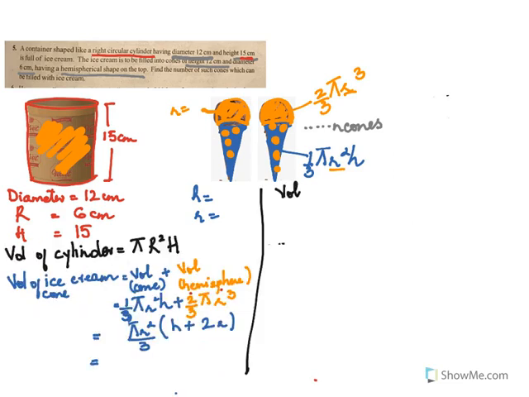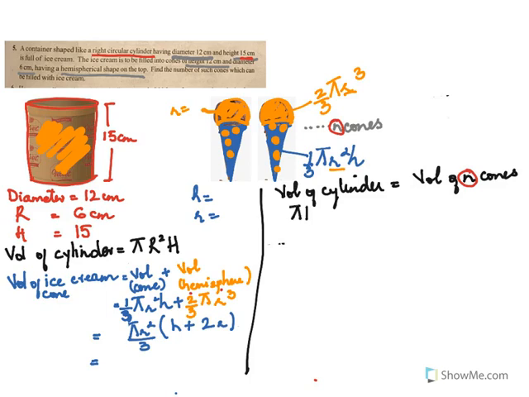Okay. Now we go back. We have the volume of the cylinder equal to the volume of n cones. Remember, we have n cones, not just one. That's our question. Now let's put the values.